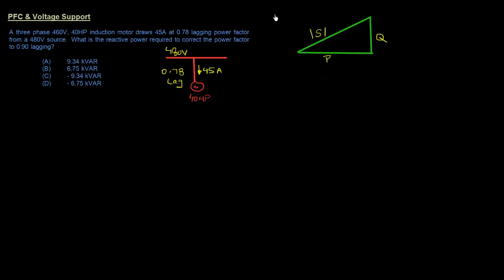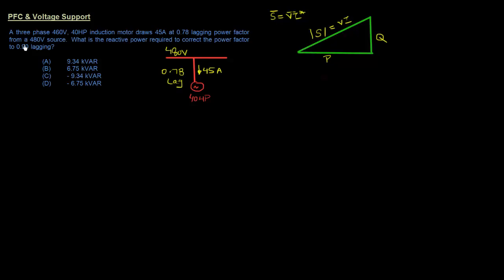If you remember, complex power, which is a vector, is given by V I conjugate. Do not confuse this with this. This is the magnitude of this. So S here is nothing but VI, just the magnitudes.